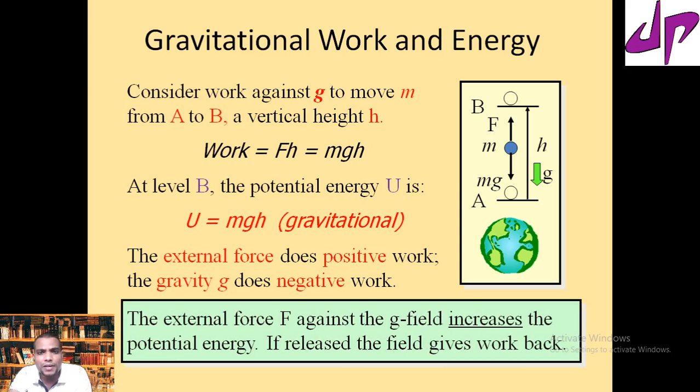The external force F against the gravitational field increases the potential energy, and once you release it, the field gives back the work. Since the gravitational force is a conservative force, whatever work I do is stored in the form of potential energy.